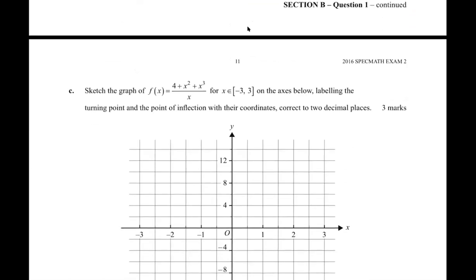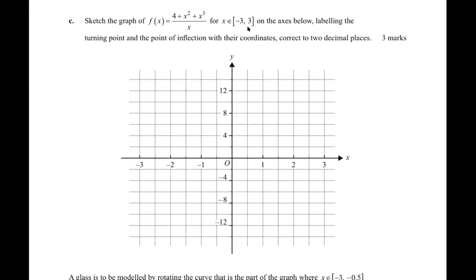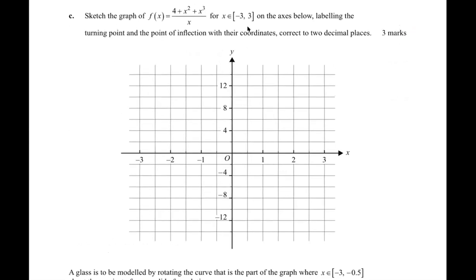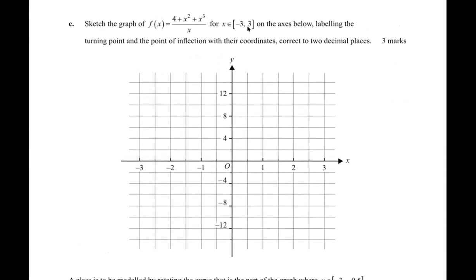Now, let's look at the graph sketching question. I realize my time is very tight, so I just demonstrate whatever I obtained from my CAS calculator, but I will make some important notes here. First of all, asymptote.